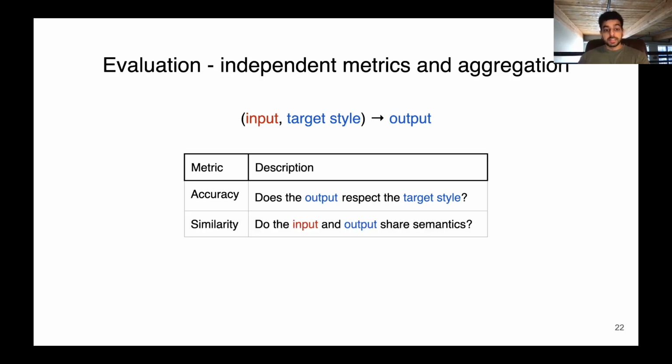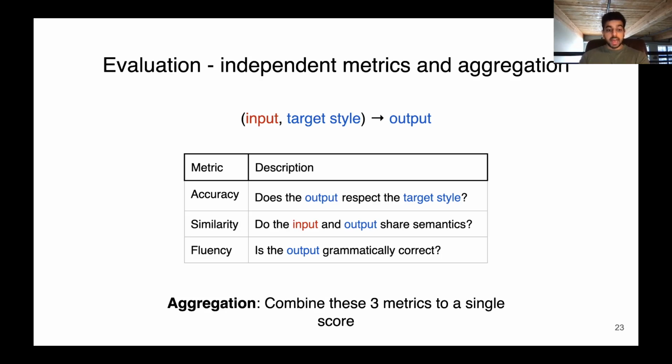Another is similarity: this tests whether the meaning has been preserved between input and output. And a third is fluency: is the output grammatically correct? I'm not going to go into too much detail on how we implement each of these metrics, but I will say that we aggregate them into a single score to have a single way of comparing our model to other systems.